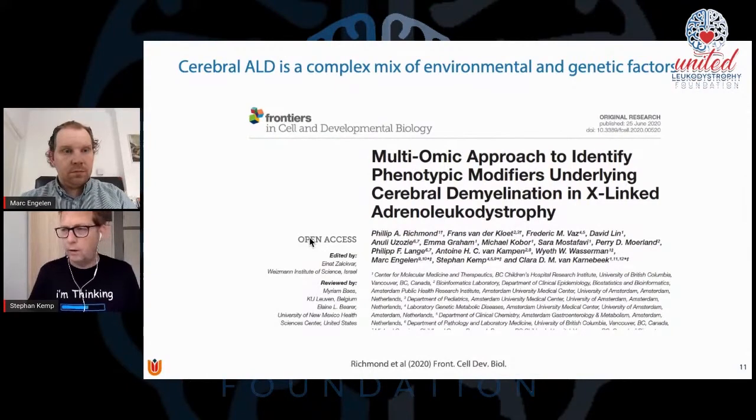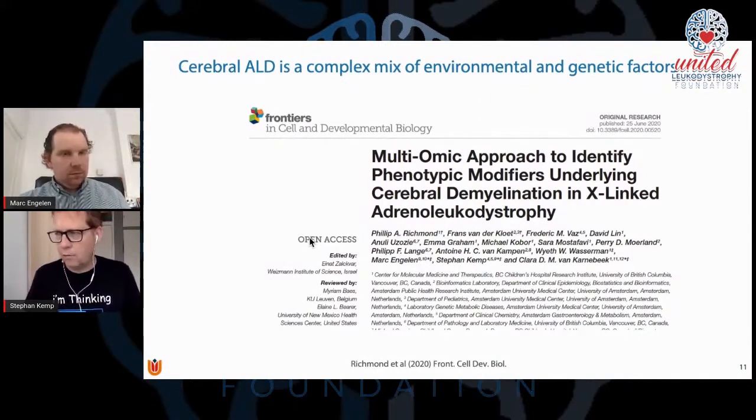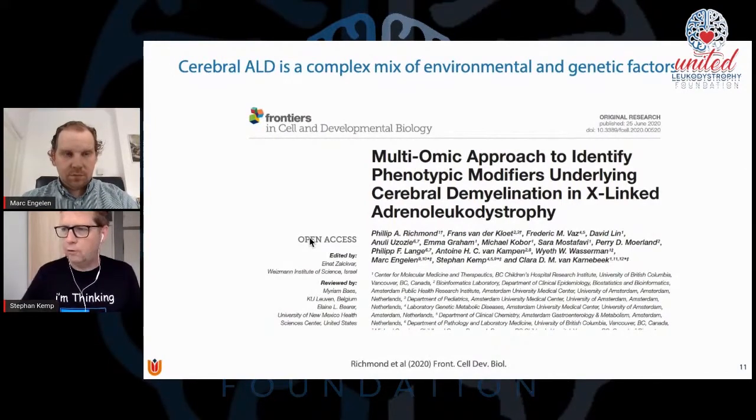This is a lot of work. Basically, we didn't find the modifier gene, but we more or less proved that there is no modifier gene. So there's not a single other gene or other environmental factor that would allow us to predict the clinical outcome of an individual. And I think that's also important, because we thought this was the case, but now we know it more or less for sure.